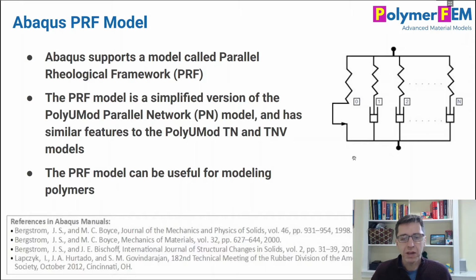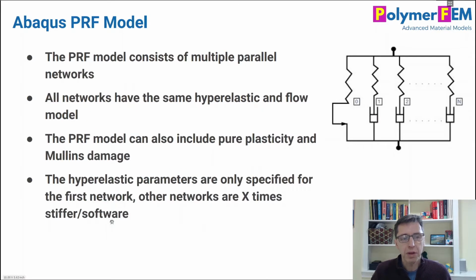The theory behind this model is based on some work that I did a long time ago on the parallel network model. And I'm also mentioned frequently in the references in the Abaqus manual because of the work that I did for the PN model. The PRF model needs to have the same hyperelastic type of spring in each network.